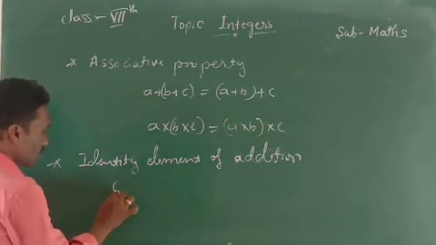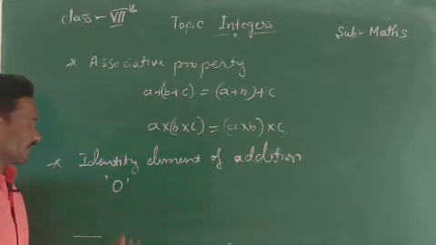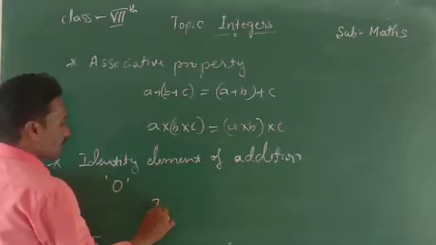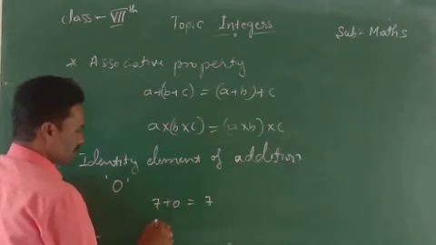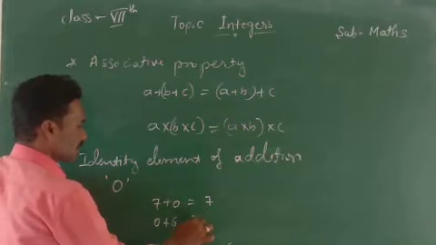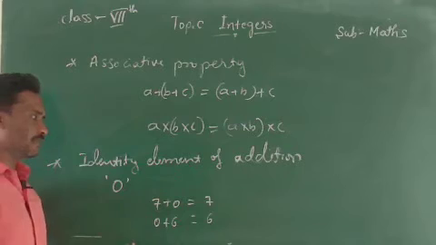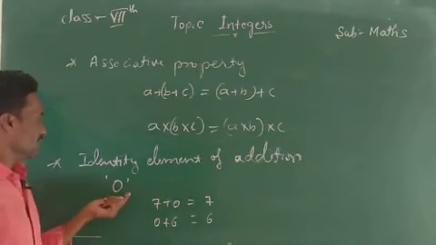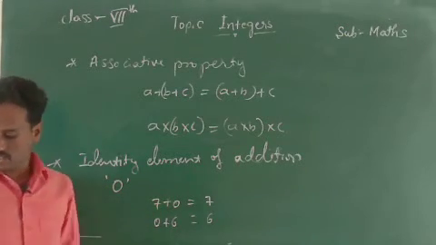Why are you calling 0 the identity element? See, 7 plus 0 is equal to 7 only. 0 plus 6 is equal to 6 only. If you add 0 to any number, the answer will be the same number. So 0 is called the identity element of addition.